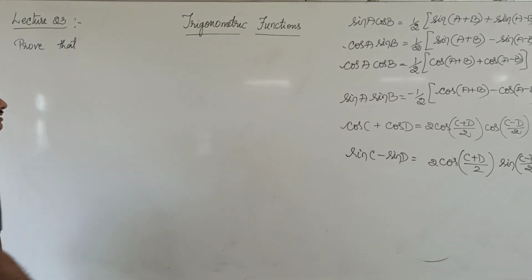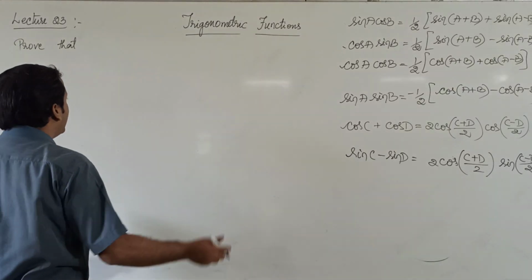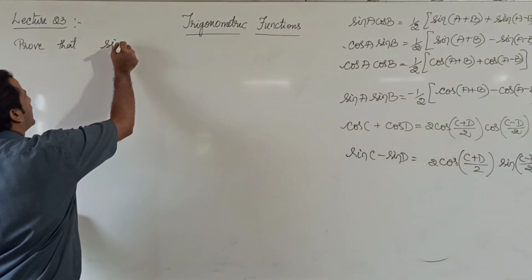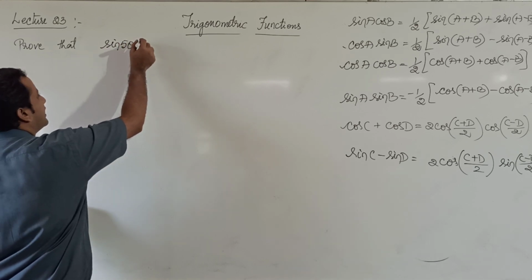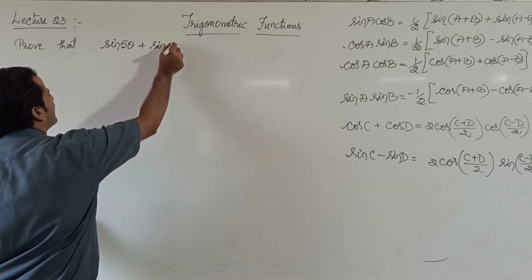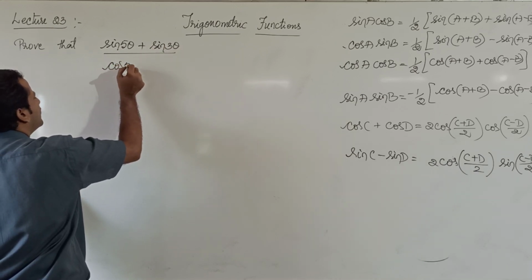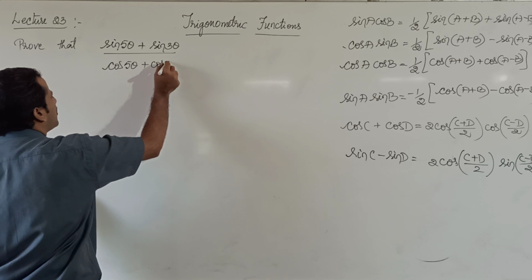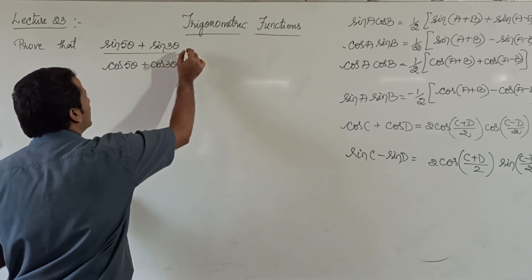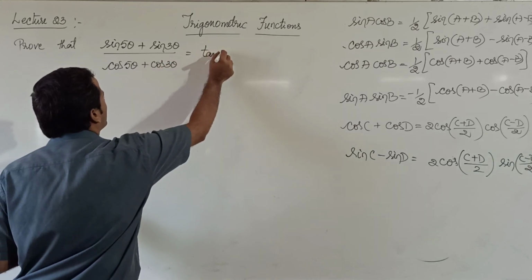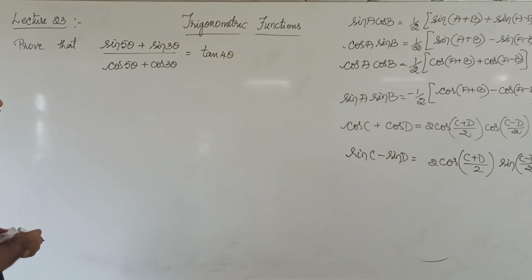And then look at the next question now. Prove that (sin 5 theta plus sin 3 theta) divided by (cos 5 theta plus cos 3 theta) is equal to tan 4 theta. Okay.